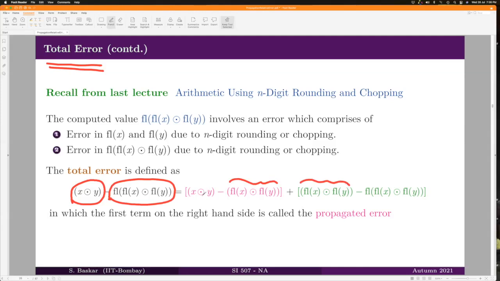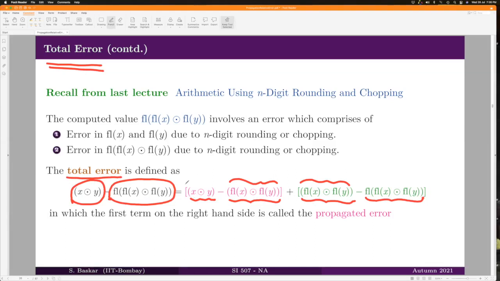Therefore, the value that you want minus what the computer did at the first step, this one, and then the answer from the first step minus the further approximation of the answer. If you add these two, that is going to be your total error. Mathematically, it is just elementary to see it.